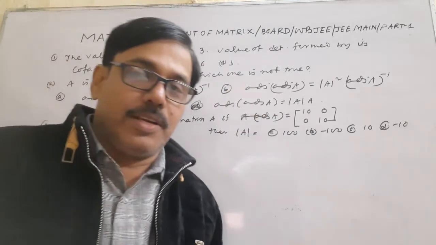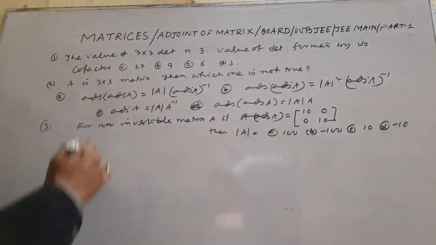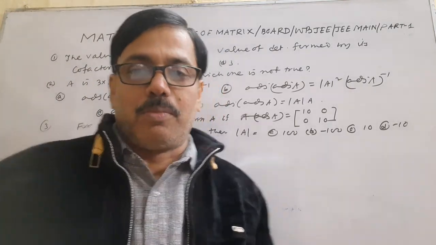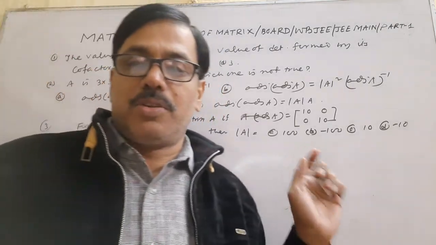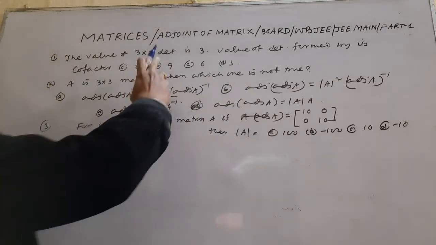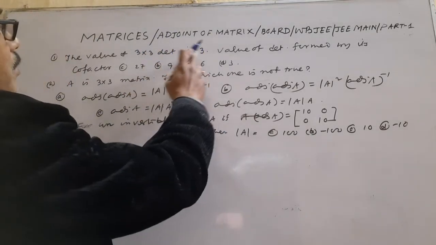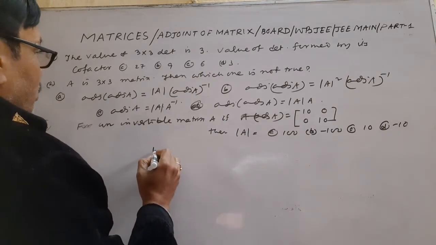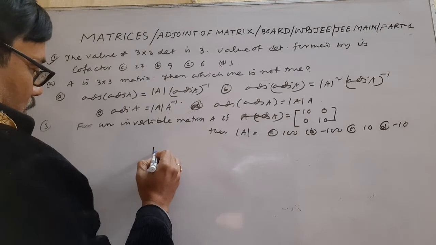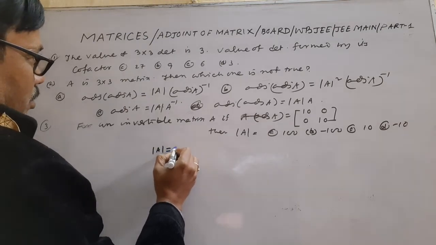Now we consider some 1 mark problems based on the previous theory. The value of a 3 by 3 determinant is 3. So problem number 1, 3 by 3. So determinant A equals 3.